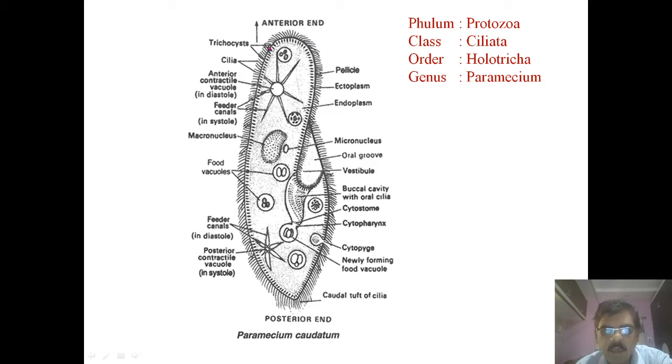It has cilia as its locomotory organ. Then it has contractile vacuoles for excretion. Then it has food vacuoles; these are the nutritive material, and this nutritive material forms a food vacuole.